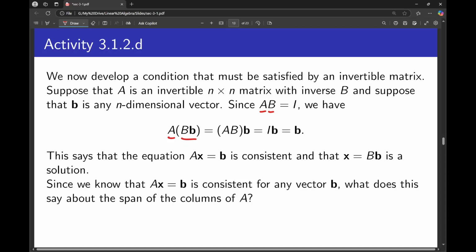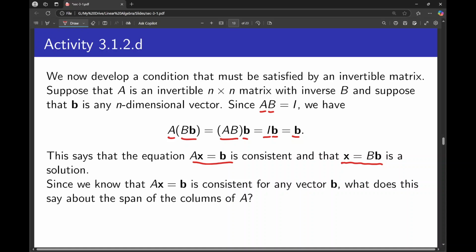Then matrix multiplication is associative, so you've got AB times b, and that's just the identity matrix times b, and the identity matrix times anything is just itself. So this says that the equation Ax = b is consistent, and you could find the vector x. If you have the inverse matrix, you don't have to do Gauss-Jordan elimination. You just have to do multiplication by the inverse.